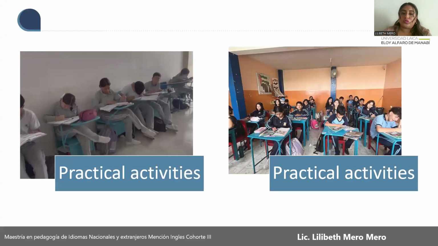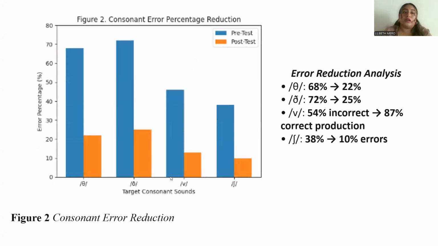Okay, figure number 2, consonant error percentage. In this figure, we can see a specific reduction in errors by consonant sounds. The symbol number 1 error decreased from 68% to 22%. The symbol number 2 error decreased from 72% to 25%, and the third reduction decreased from 54% to only 30%.